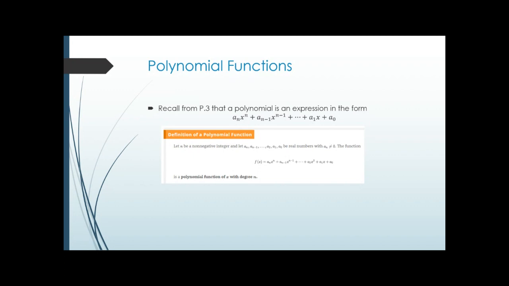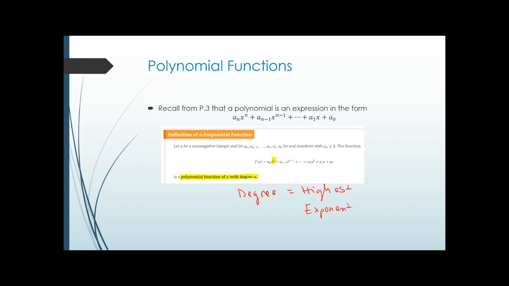The key is that the degree is equal to the highest exponent. So that is actually needed for the very first question on the assignment. The degree equals the highest exponent. And that was actually talked about in P.3, but I will repeat it here.